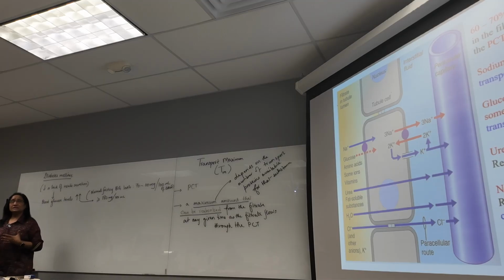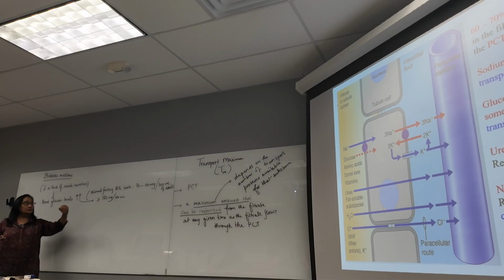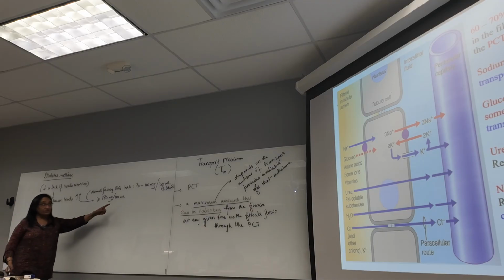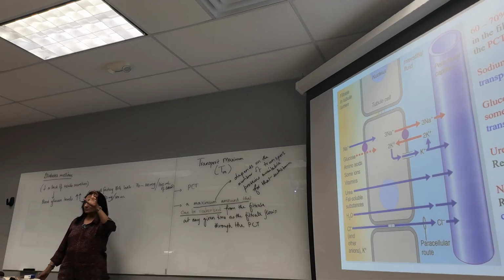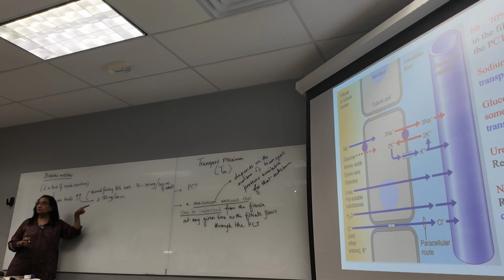In a normal person it can go up to 160, 170 or so, but in diabetics it can go beyond this, 200, 220 after a meal.